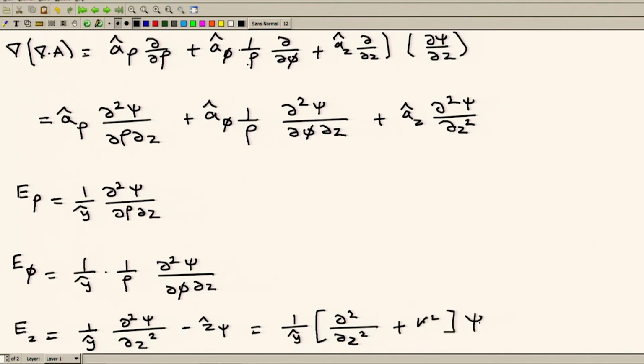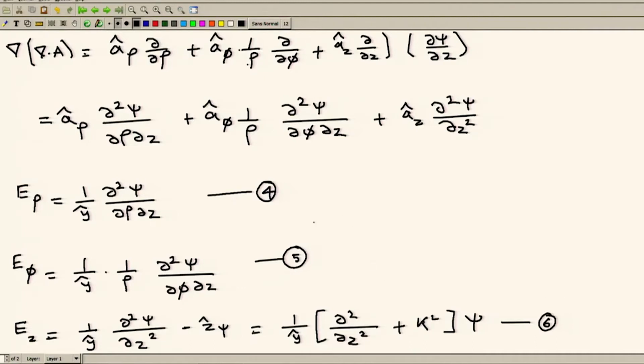Okay. So, these are the E rho, E phi and Ez fields. We will denote this as equation 4, this as 5 and this as equation 6.